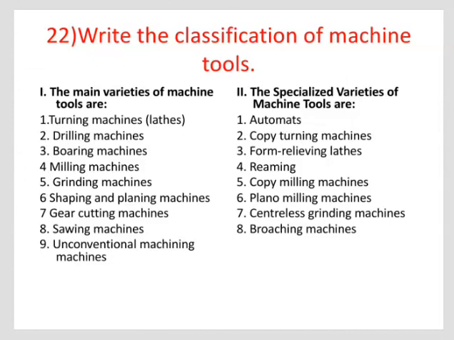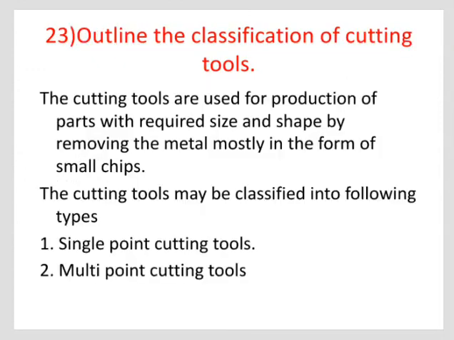These are all the main varieties of machine tools. Then second variety is specialized machine tools: automats, automatic lathes, copy turning machines, form relieving lathes, reaming, copy milling machines, plano milling machines, centerless grinding machines, and broaching machines.